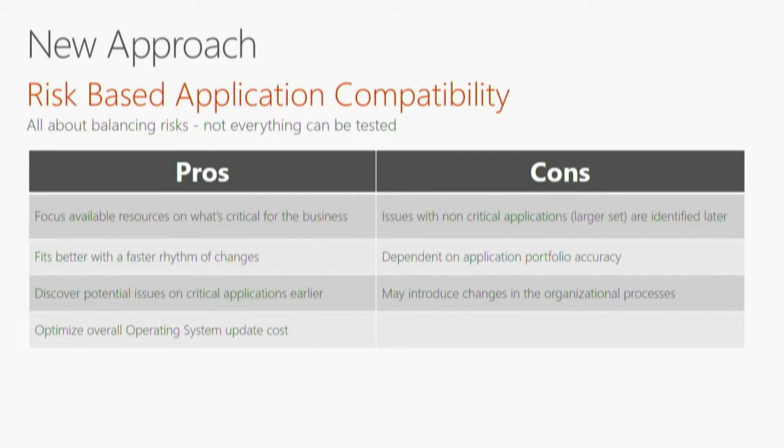And that thing that it could break could be your critical line of business application, which would be a bit of a disaster. So we really have to still take into consideration application compatibility testing, but we need to take a new approach. It's risk-based application compatibility. It's about balancing the risks, because we know that everything can't be tested.